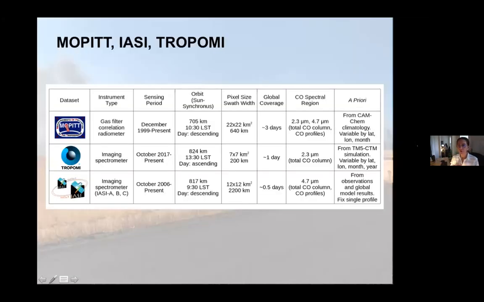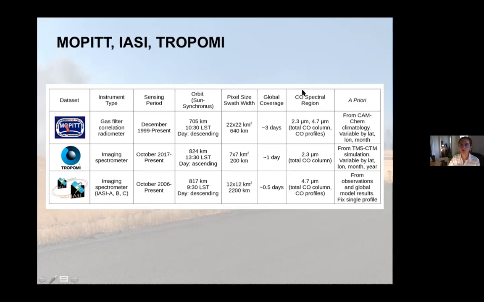I'm going to talk mostly about MOPITT. As you can see, a lot of MOPITT, some TROPOMI, and some IASI too. So let me give some details on all of them. As I said before, MOPITT is a gas filter correlation radiometer. TROPOMI and IASI are both imaging spectrometers with differences in terms of footprint size and global coverage and so on.